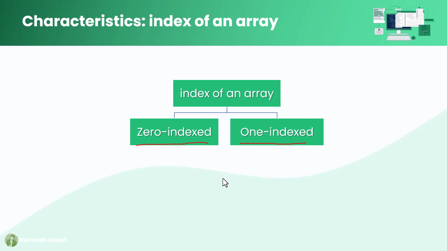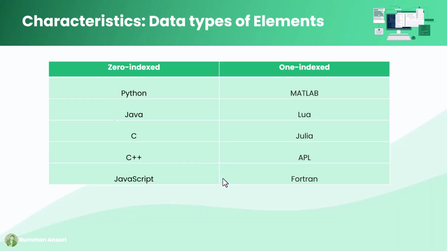So we have to remember this point, right? Now let's move to an example of this concept, some examples of 0 index programming languages and 1 index programming languages. Here on the left side you can see Python, Java, C, C++, JavaScript.